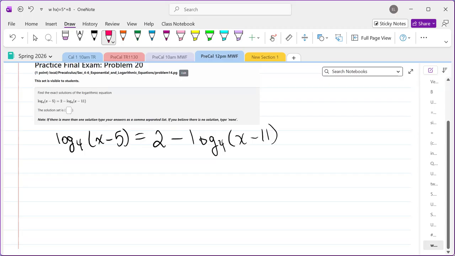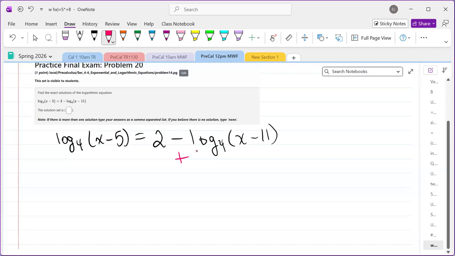That means we are finding x values that, when we plug them in, make the equation true. To solve log equations when we have more than one logarithm, we need to get all the logarithms on the same side and then use log properties to condense them down to a single log.